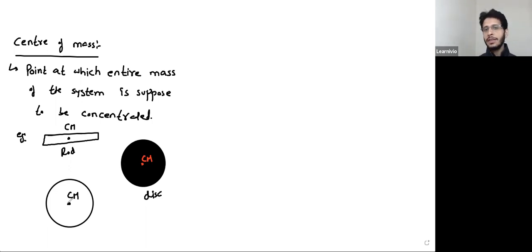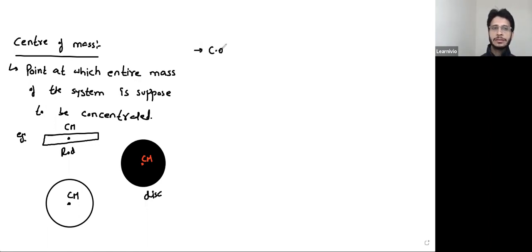Is there anything at the center of the ring? No, sir. In a ring, mass is distributed only on the circumference. There is nothing inside the ring. So the center of mass of a ring is basically lying at a point which has no mass. That's why I'm saying it is a point at which the entire mass of the system is supposed to be concentrated.